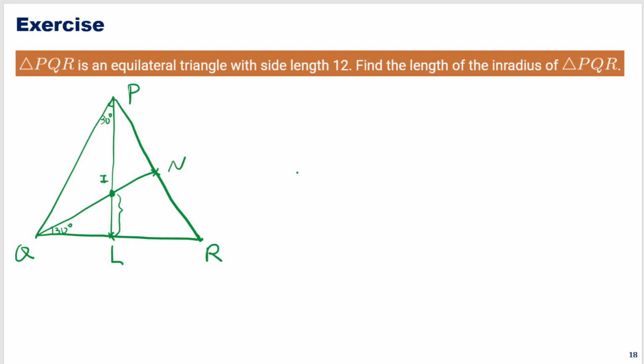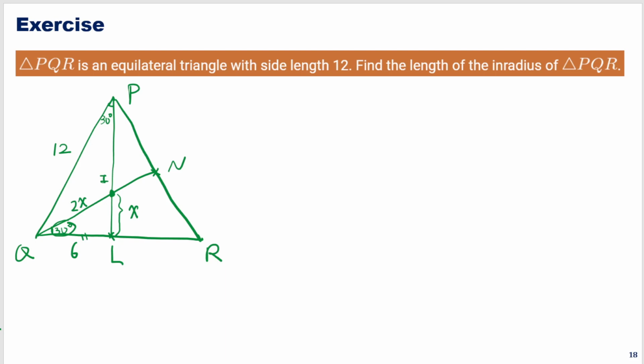And we know the side length is 12, and if you consider right triangle PQL, then this length should be half of the hypotenuse, right? Which equals 6. Do you get it? And if you let IL equal x, because this angle is also 30 degrees, we know QI is 2x, right?